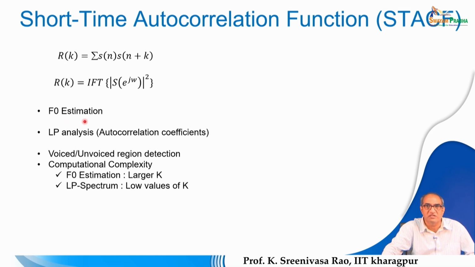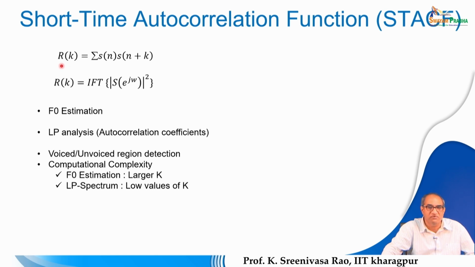In the case of f naught estimation, the autocorrelation coefficients have to be computed for at least more than one period. Suppose, for example, the pitch period equals 10 milliseconds and the sampling rate is 10 kilohertz, that is 10,000 samples per second. A pitch period of 10 milliseconds means there will be 100 samples.